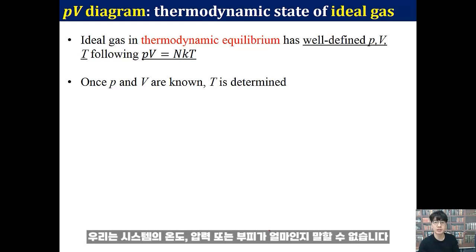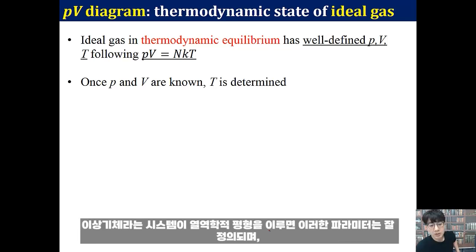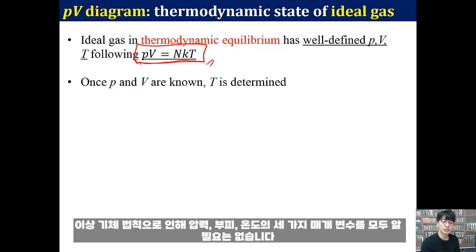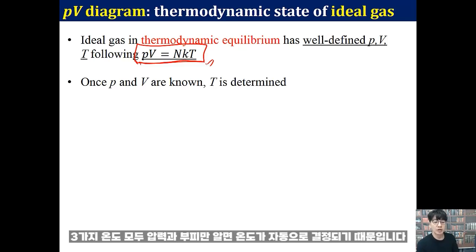We cannot tell what the temperature, pressure, or volume of the system is. Once the ideal gas is in thermodynamic equilibrium, these parameters are well defined, and they follow the ideal gas law we learned. Due to the ideal gas law, we don't have to know all three parameters, pressure, volume, and temperature, because once pressure and volume are known, temperature is automatically determined.